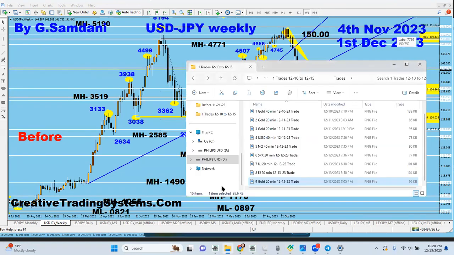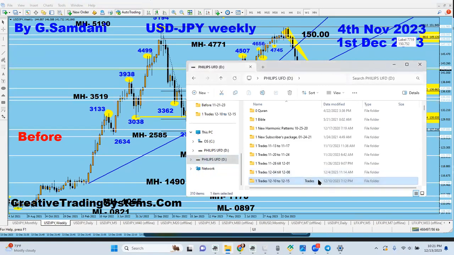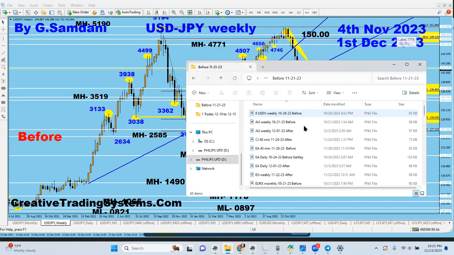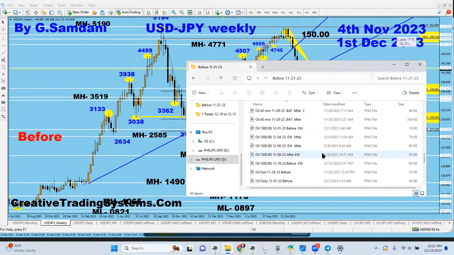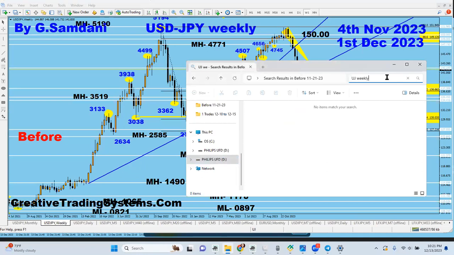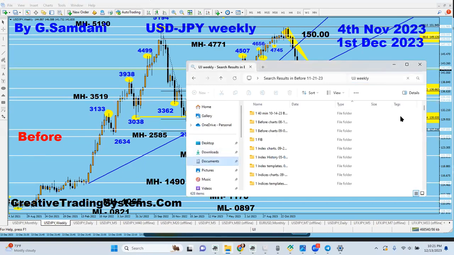Let me locate that. UJ. This is a weekly, right? UJ, I don't even have it here. The heck? Okay, now UJ weekly. Nothing? I don't know where this chart is.